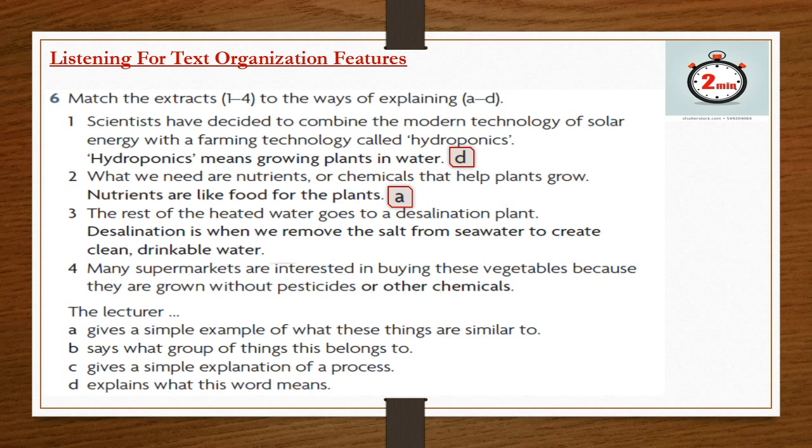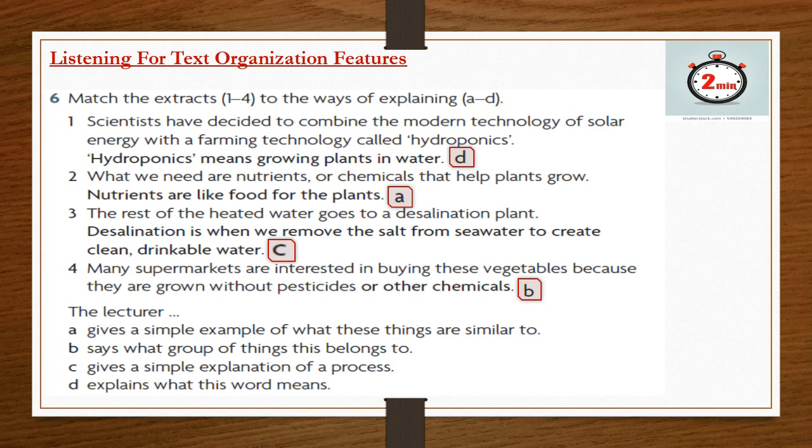Number 3, the rest of the heated water goes to a desalination plant. Desalination is when we remove the salt from seawater to create clean, drinkable water. It gives a simple explanation of the desalination process.